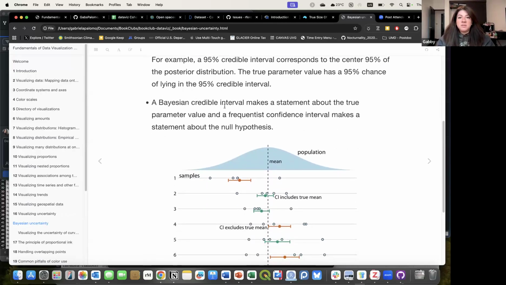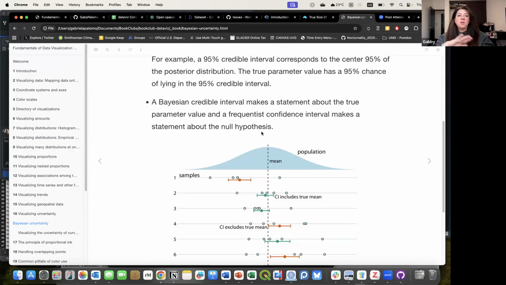So that Bayesian credible interval is going to make a statement about the true parameter value, whereas a frequentist confidence interval is going to make a statement about the null hypothesis. So it's not going to tell you just one specific value regarding the null hypothesis, it's all about the hypothesis testing there, right?